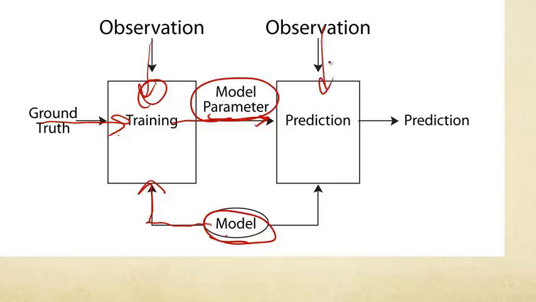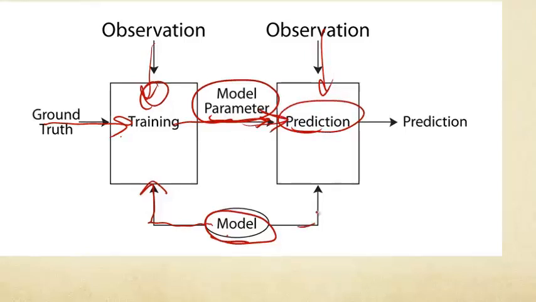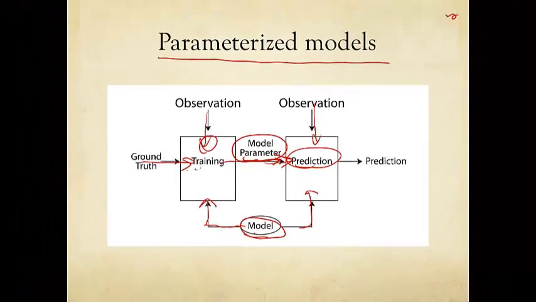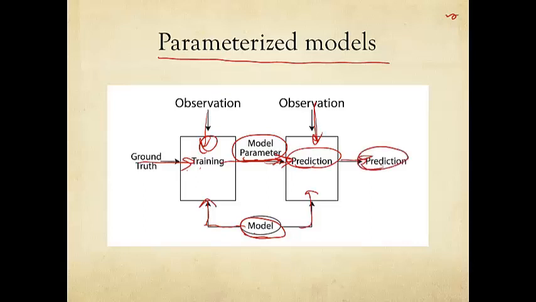Then you go into the actual real action, which is the prediction step, where you take these optimized parameters in the model, optimized by the training phase with the known ground truth, and then you take the observation to make predictions. Sometimes other people have the ground truth, like Netflix had the ground truth for the Netflix prize, but you don't. So training followed by prediction.